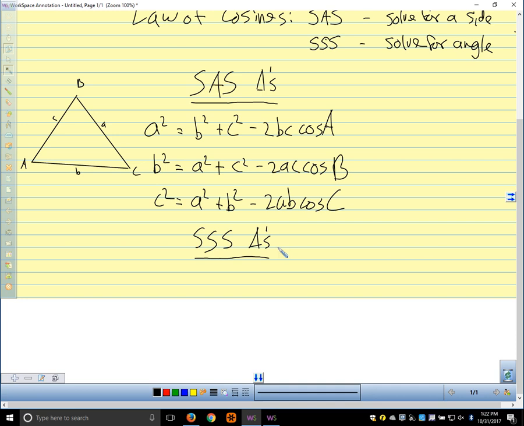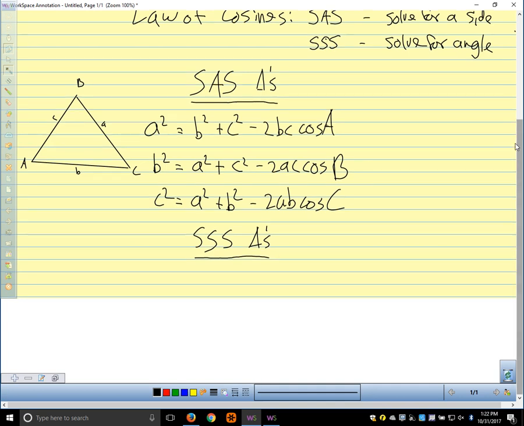Just remember you can rearrange this, solve for the cosine of the angle. From the first one, cosine A equals b squared plus c squared minus a squared over 2bc.